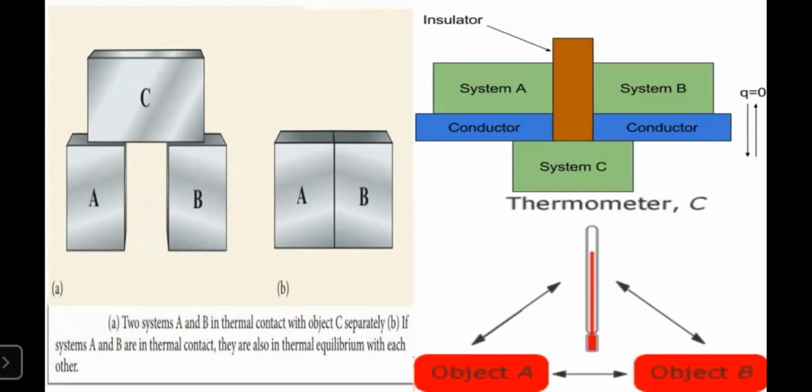Initially, thermometer C, I am measuring the temperature of bowl A with the thermometer C. I am getting 27 degrees centigrade.